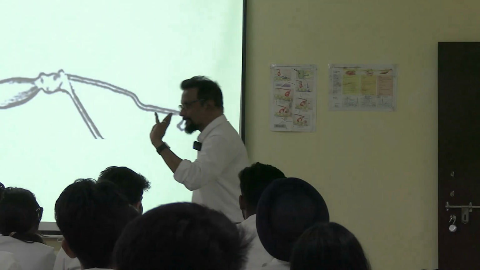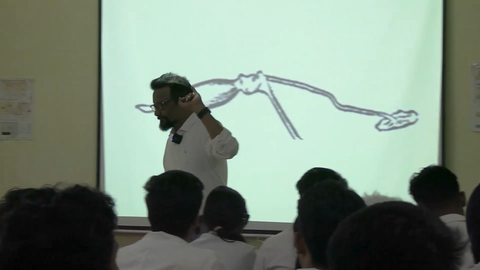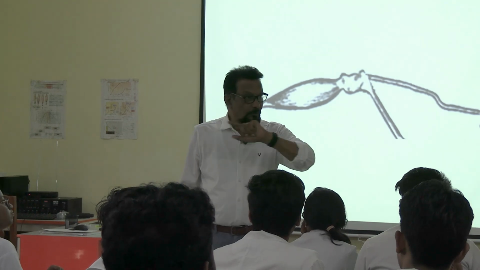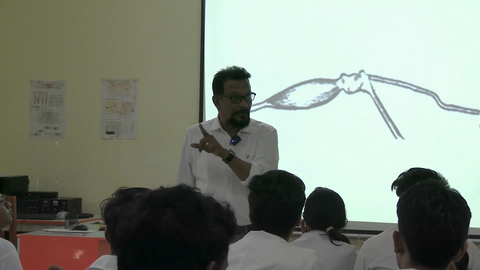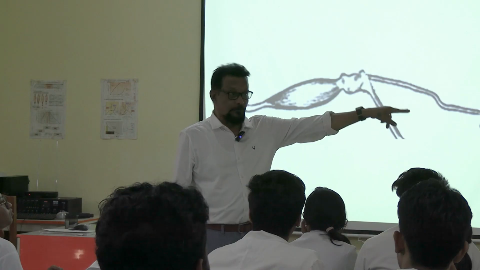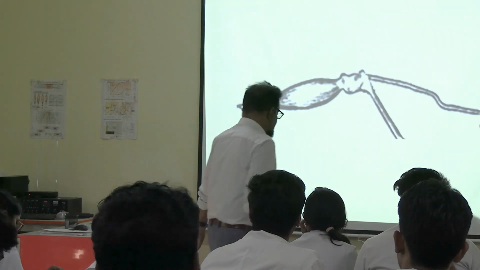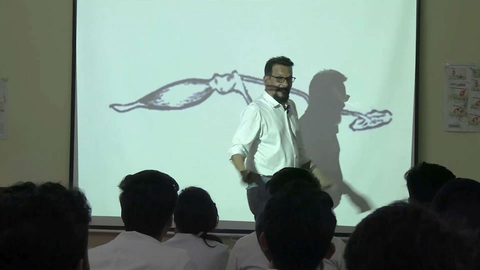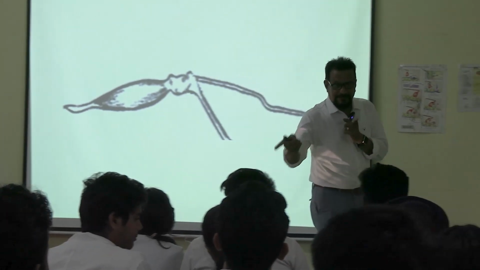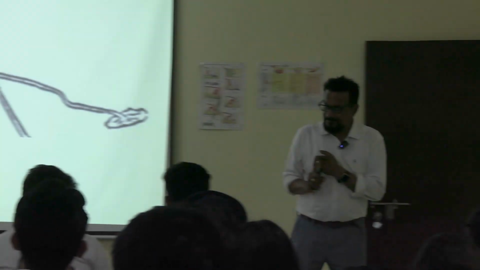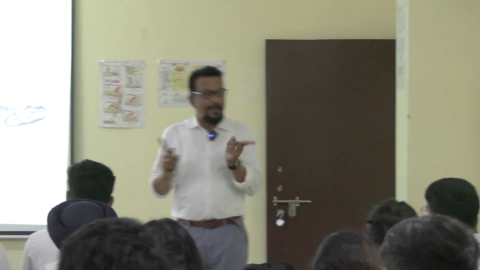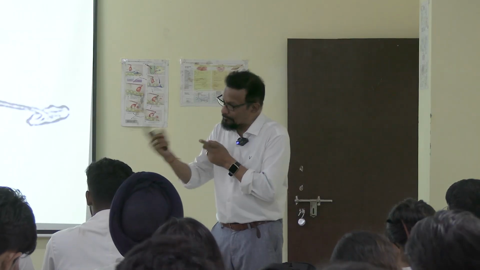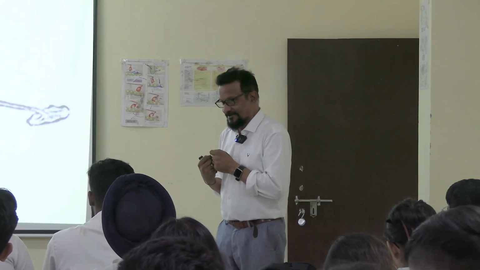So what are the reasons for the delay? Number one, conduction: time to travel from the point of stimulation to the neuromuscular junction, from here to here. Then time is required to cross the neuromuscular junction. Then time is required for EC coupling and to initiate the contraction.